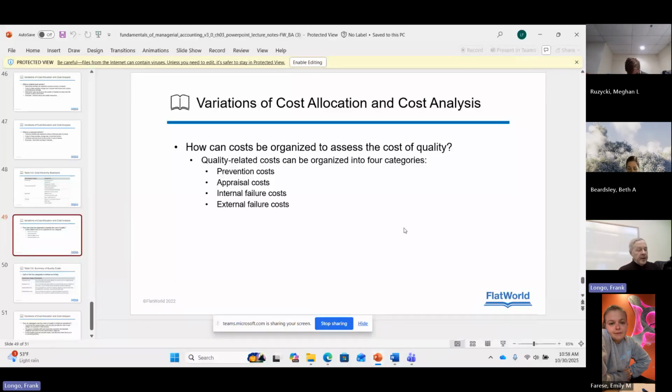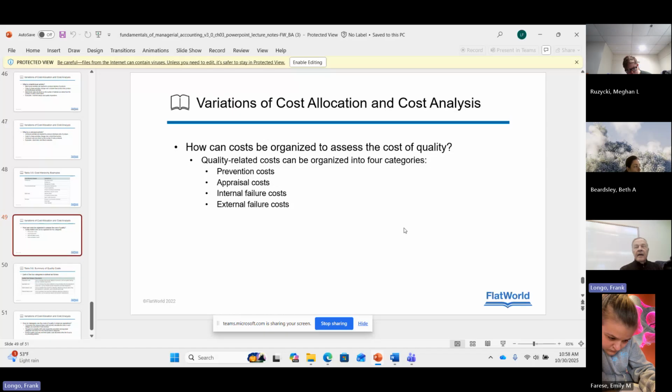An important aspect of making a product is understanding the quality of your product. You'd like to know before your customer gets the product, what type of quality is it?